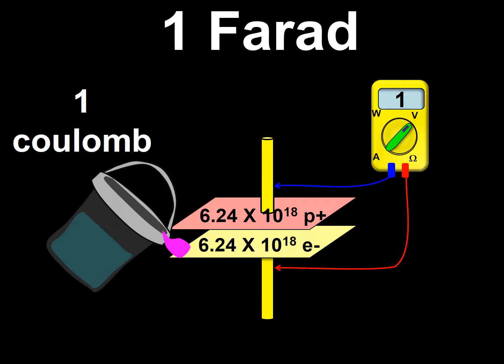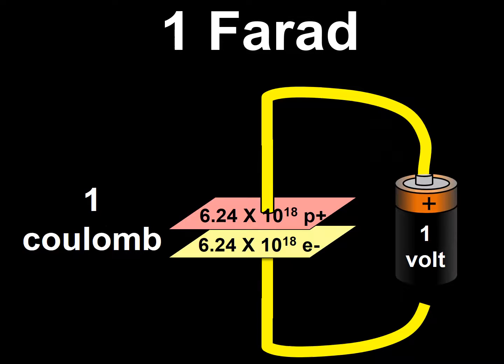1 farad can be defined as the capacitance of a capacitor in which 1 coulomb of charge causes a potential difference of 1 volt. Or, more often, it is defined as the capacity of a capacitor to store 1 coulomb for every 1 volt.